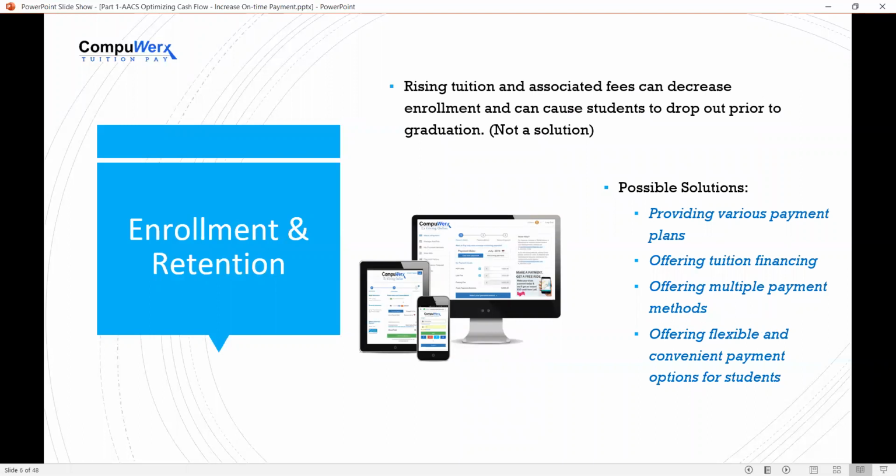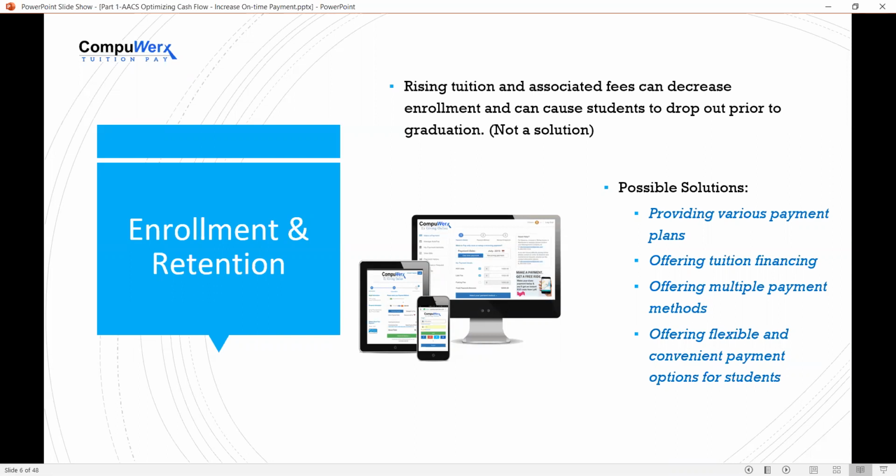We all struggle with that. Recent tuition and associated fees could reduce enrollment, and also it could cause students to drop out prior to graduation. So definitely that is not a solution. What would be the possible solution? Providing payment plans, which we're going to talk about.